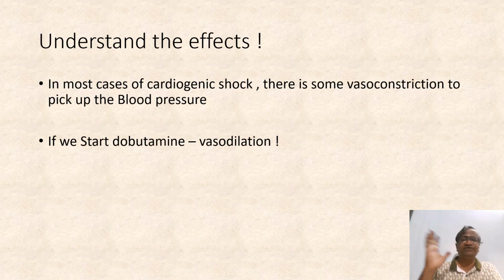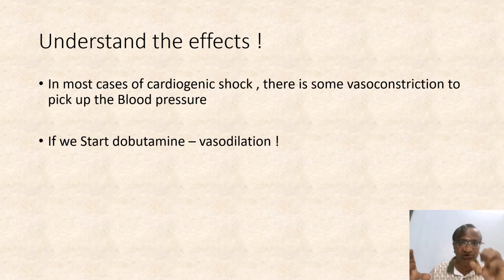In most cases of cardiogenic shock, there is some vasoconstriction to pick up the blood pressure because now the heart is not functioning, so the MAP wants to increase. So the blood vessels constrict. Now if we start dobutamine, the heart will pump effectively and vasodilatation sets in, so sometimes BP may fall.